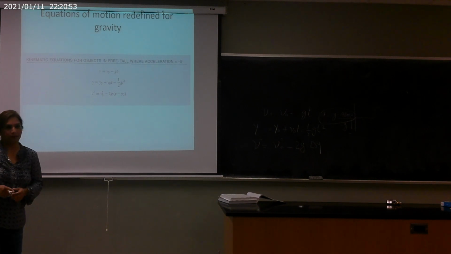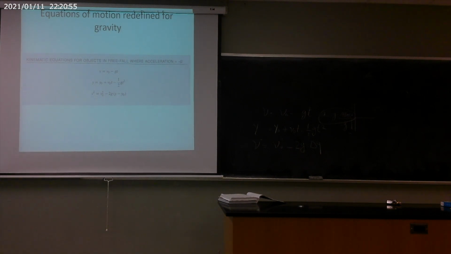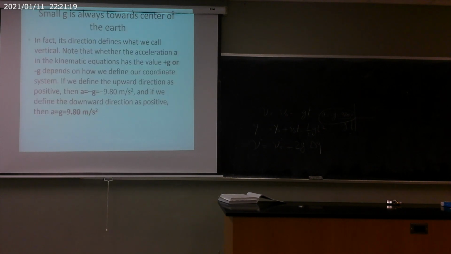So when we deal with some problems where the acceleration is constant, but that constant acceleration is due to gravity, that means you are talking about the falling object or the object in the free fall. In that case, you will have to use one of these equations. You do need to put the negative sign with g, but when you plug in g, you will put just 9.8 meter per second square.